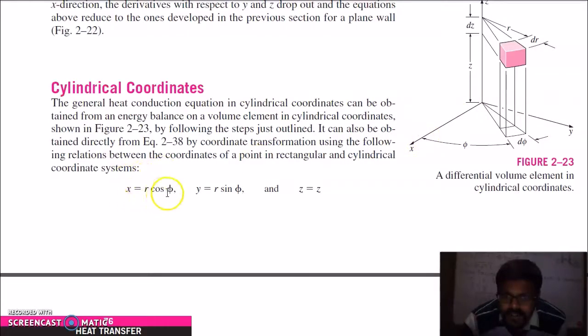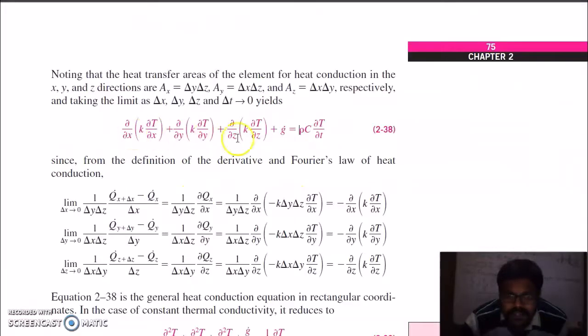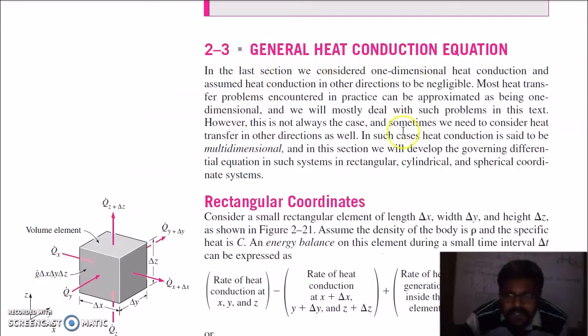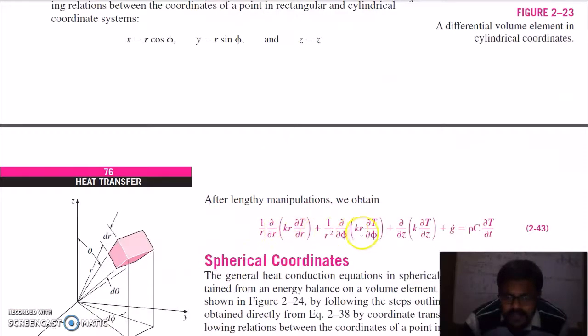So x is equal to r cos phi, while y is r sin phi and z is the same as in the previous case. By replacing this x, y and z in this equation, which is the general heat conduction equation for rectangular coordinates, you get this equation in cylindrical coordinates.